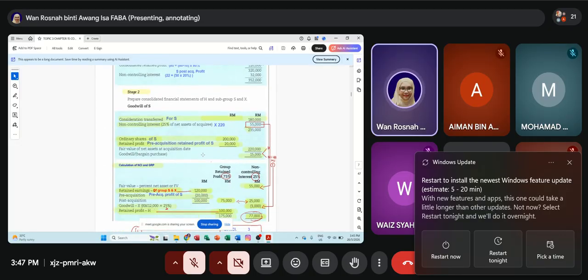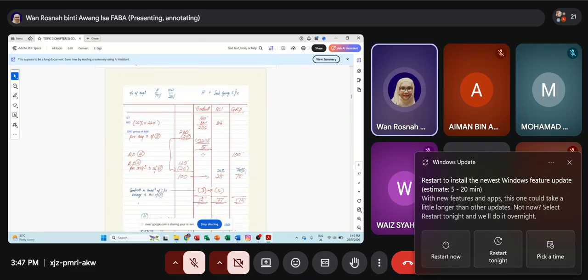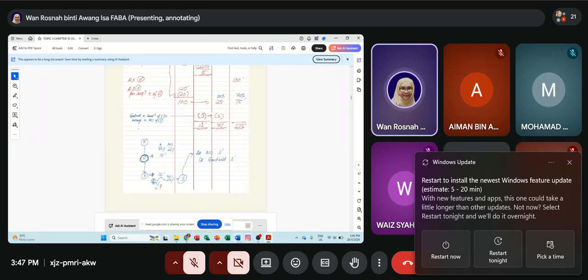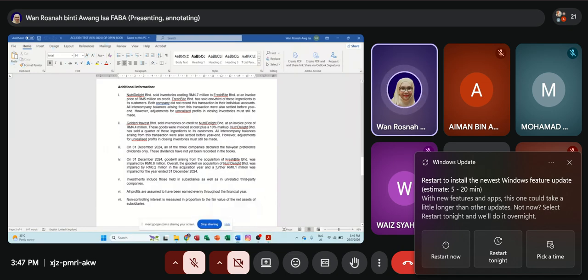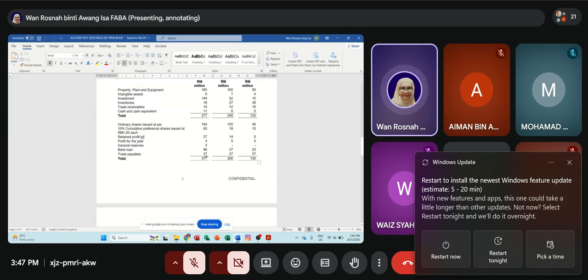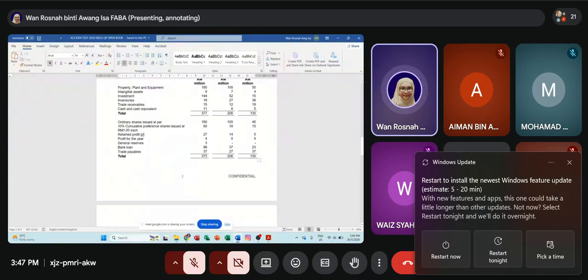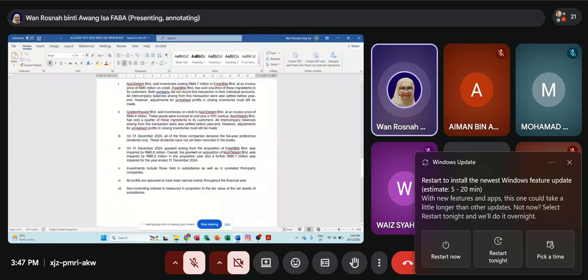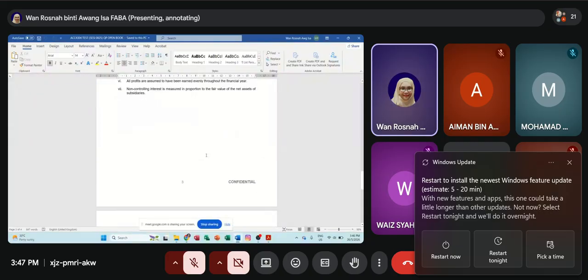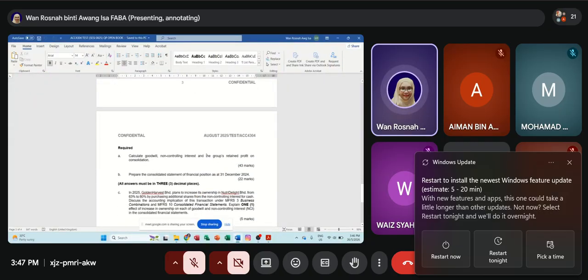So like just now, the multi-stage method, we have one more, the single stage method. According to these questions, we go through first. For this question I will guide you on how to prepare the complex group structure on vertical group using the mixed method, multi-stage method or single method.